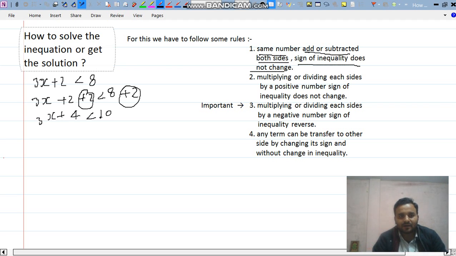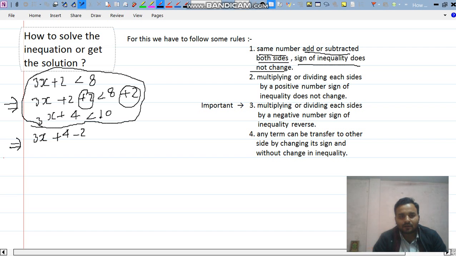It was the first point, and we can also subtract 2: 3x plus 4 minus 2 less than 8 minus 2. It becomes 3x plus 2 less than, sorry, it was 4.